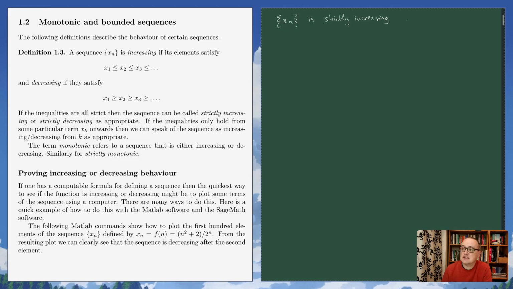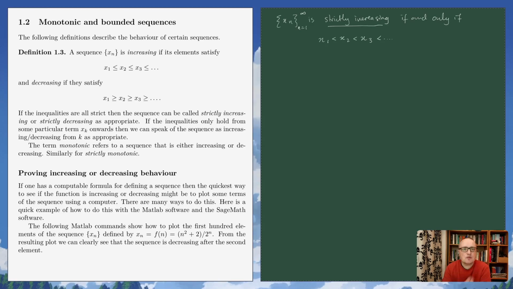So xn is strictly increasing if and only if x1 is strictly less than x2, and that in turn is strictly less than x3, and that in turn is strictly less than x4, and so on and so on. So this would be, say, an infinite sequence beginning at the index n equals 1. And strictly decreasing would be the corresponding definition.